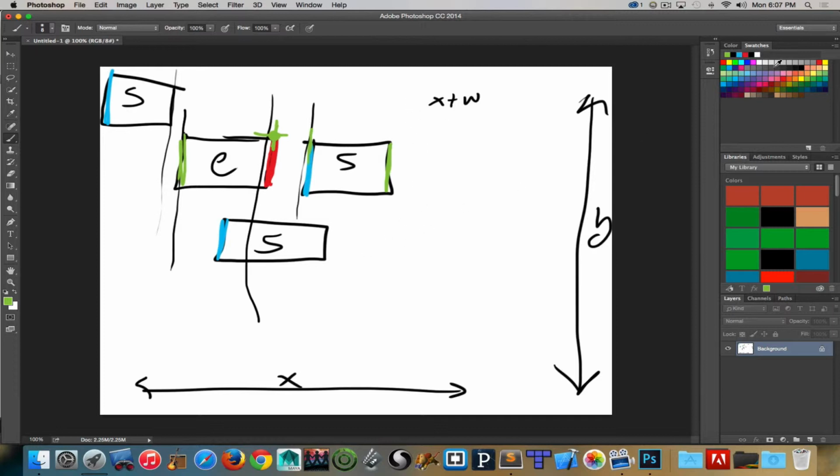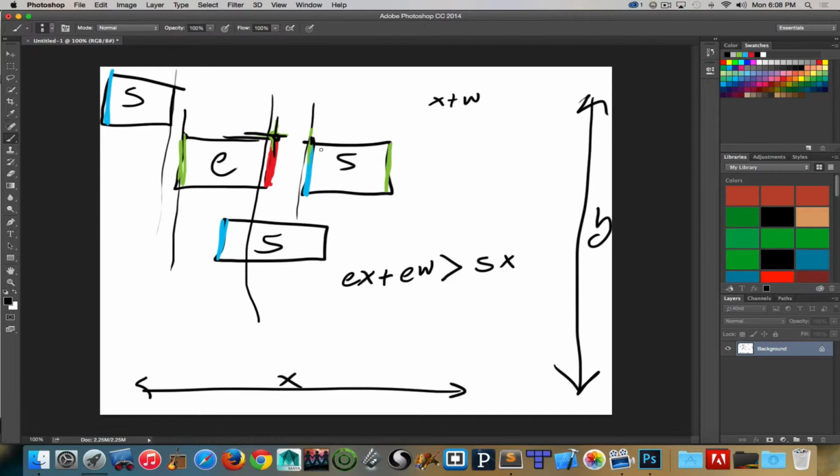So the core algorithm that we'll be looking at here is if we take the enemy's x plus the enemy's width, which gets us to here, we need to find out, is that greater than the sprite's x, this point here?